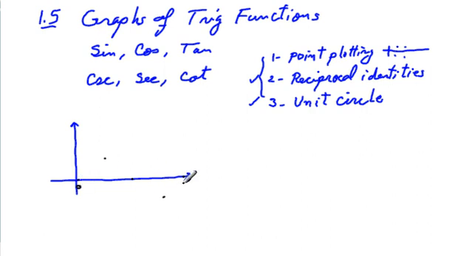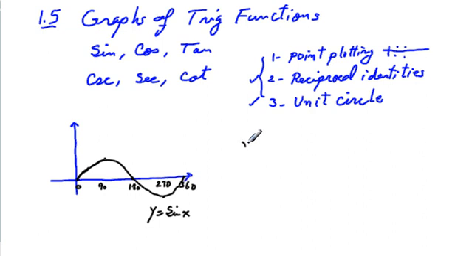Suppose this is 0, this is 360, and then the midpoint 180, and the midpoints of those, 90 and 270, and I have a wave going through these points, and that determines my fundamental cycle. So this is the graph of y equals sine of x.